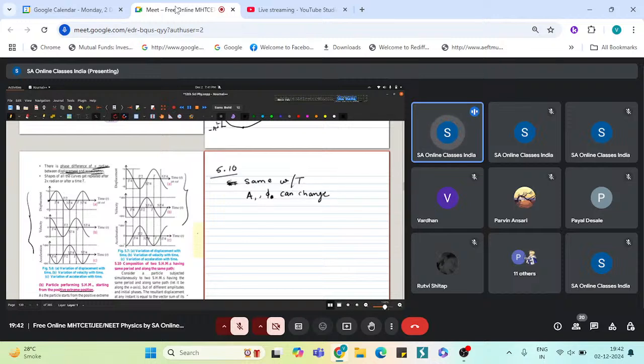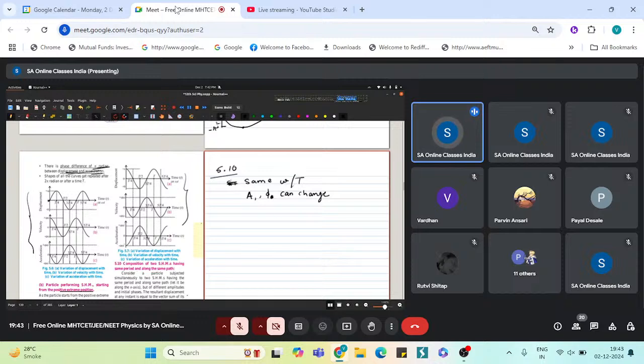And in this situation, we can find out what the total motion looks like. I mean, you add two SHMs on a particular particle. Is the resultant motion also an SHM, or does it perform some other kind of random motion? And if it is an SHM, then what are the amplitude and the phase factor for the resultant SHM essentially?